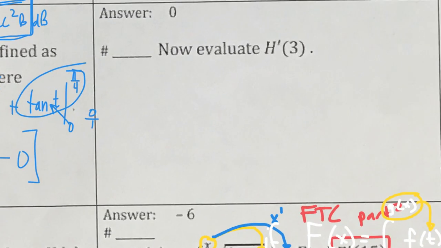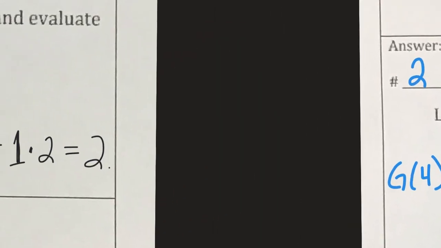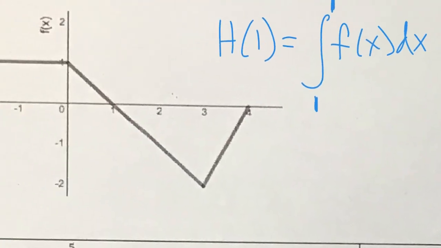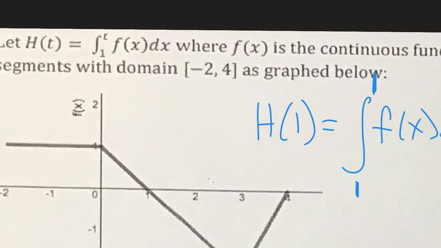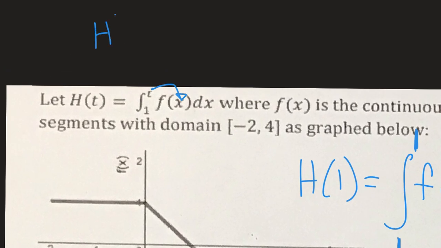H prime at 3. So remember, h prime we find by replacing your variable with your limit. So we're going to put t into here. Basically what we're saying is h prime is equal to f of t, of course times 1, because that's the derivative of t.